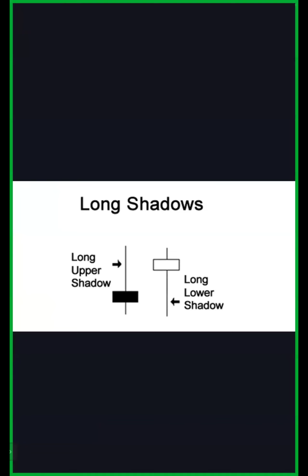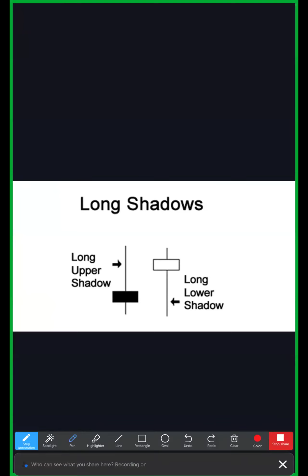The formation of candles in a certain time frame, whether you are looking at a short time frame or a longer time frame, you will see that they are going to create a pattern.